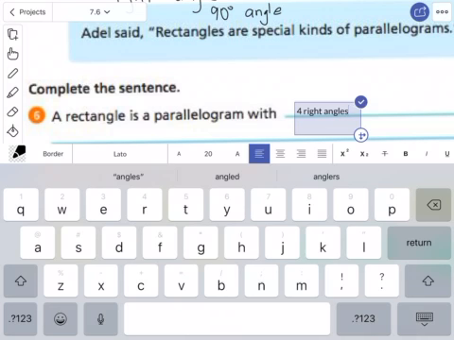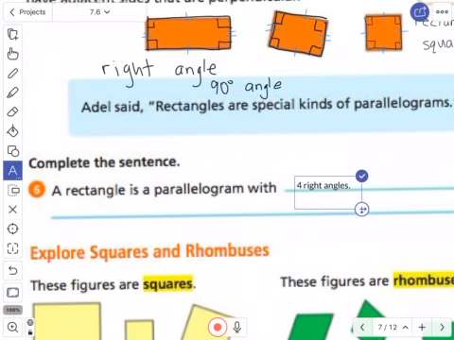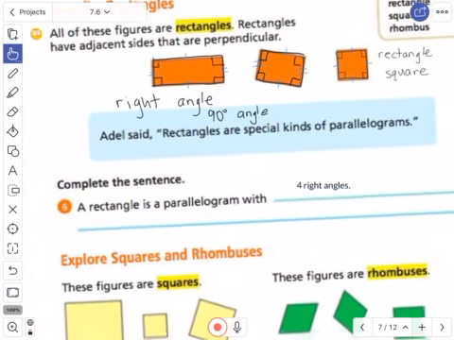You could also say with four sets of perpendicular lines. So a rectangle is a parallelogram that also has perpendicular lines at each of the corners, which basically makes four right angles. But you can record whatever makes more sense for you to explain what a rectangle is and why that's special.